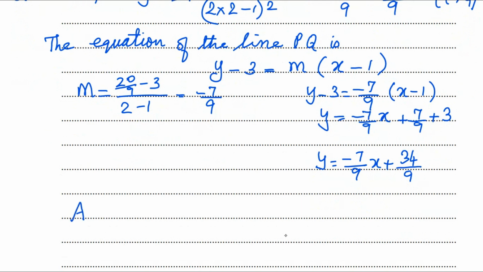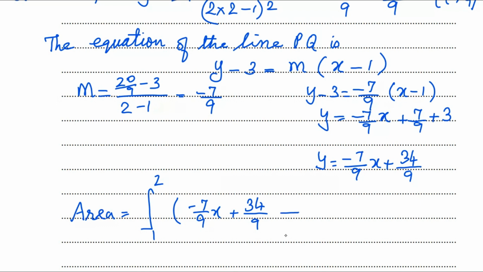So the area of the shaded region is, the limit is from 1 to 2. So the equation of the straight line minus the equation of the curve. So area under the line, minus 7 over 9 x plus 34 over 9.